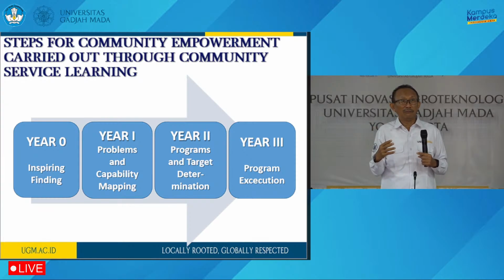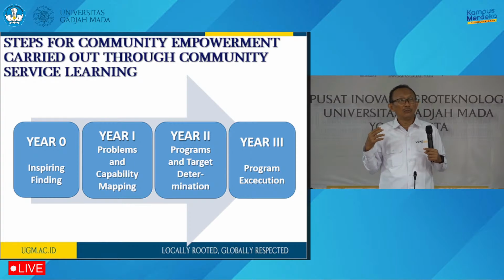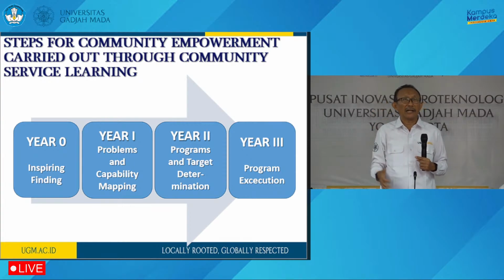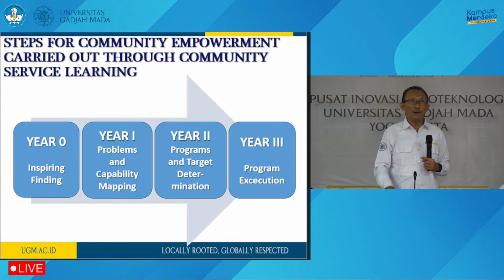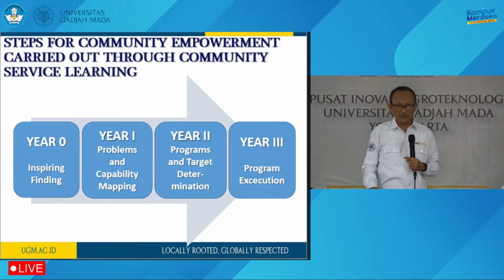Talk to them. And if they agree, then let's start working to find funding. The third, fourth and fifth years are execution of the program. So after the third year, execution.